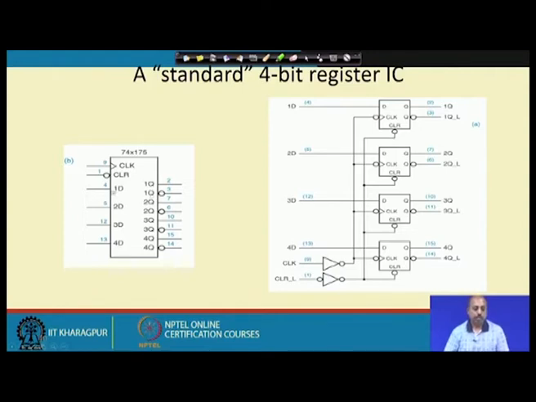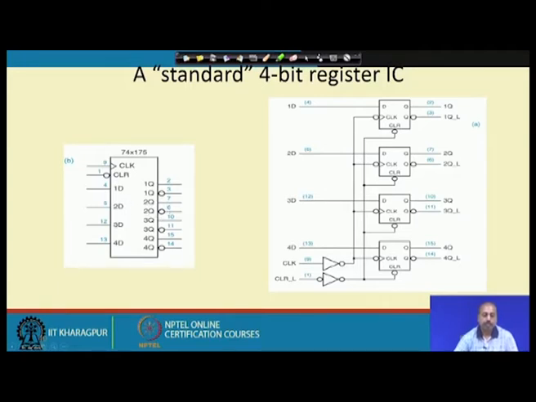It is written as 1 D, 1 Q, 1 Q, and there is a bubble shown here, which means pin number 2 is the Q line and pin number 3 is the Q bar line for flip flop 1. Similarly, 2 D is the D line for the second flip flop, pin number 5, and its outputs are 2 Q and 2 Q bar. The second flip flop's Q line is pin 7 and Q bar line is pin 6.